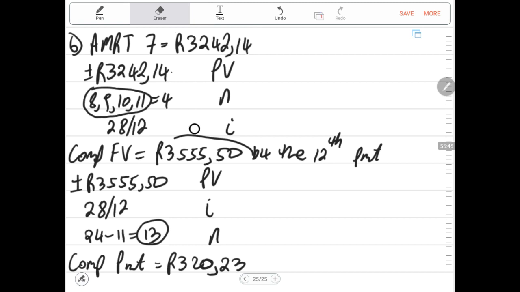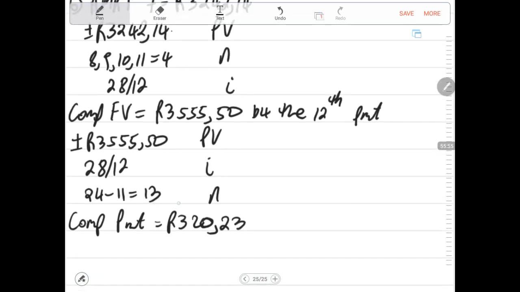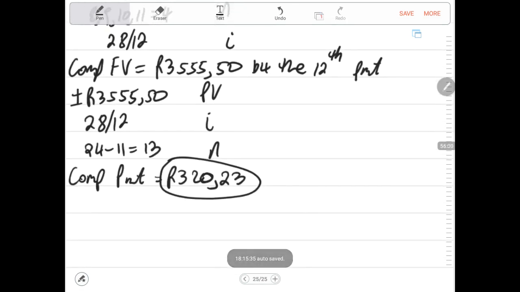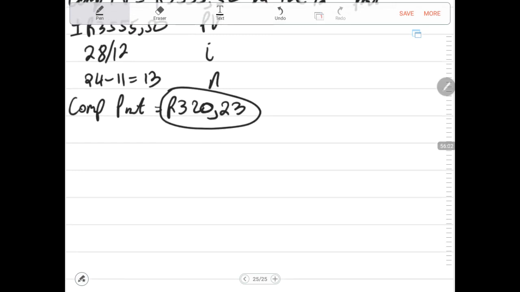Then after, we need to say how much the payments must be in order for us to settle this 3,550. And we can see our payments now are increasing. Previously, our payments were 233 rand 22 cents. Now they went to 320 because of the 4 missed payments from month number 8 up until month number 11.